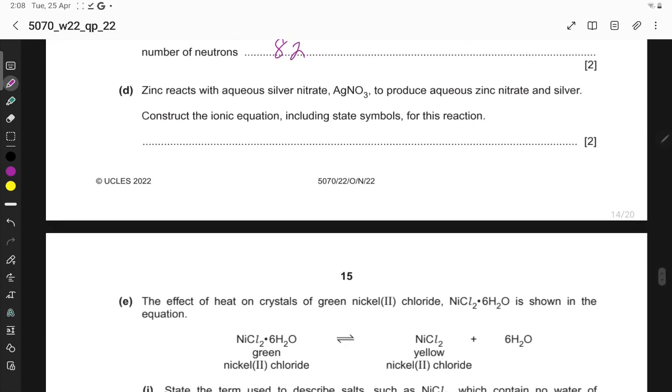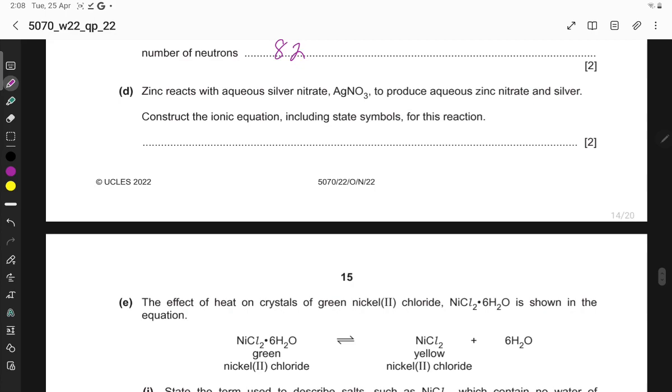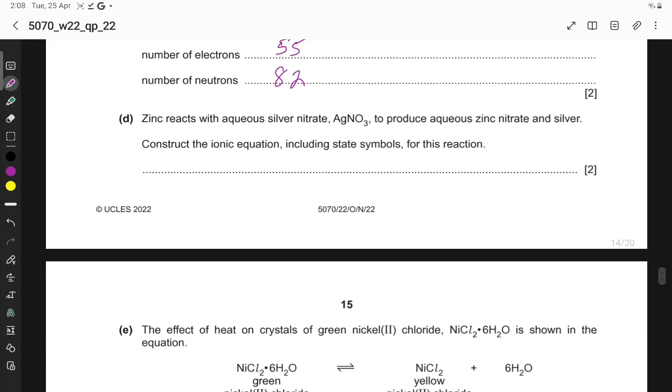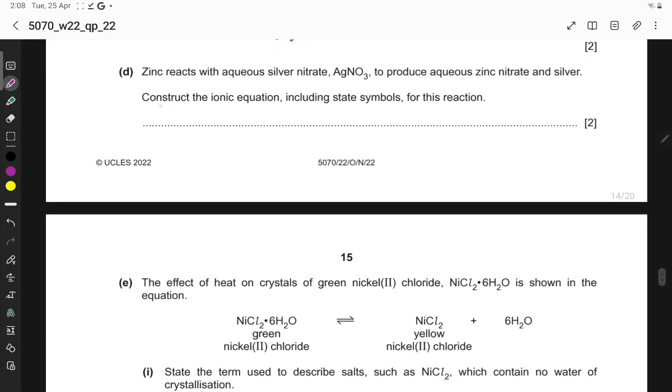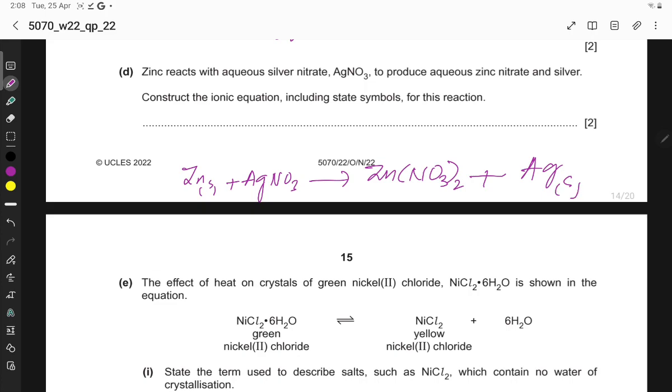Zinc reacts with aqueous silver nitrate to produce aqueous zinc nitrate and silver. Construct the ionic equation for this reaction. So this is the actual equation: zinc plus silver nitrate aqueous forms zinc nitrate aqueous plus Ag solid. Now balance the reaction: Zn(NO3)2 has NO3 twice, so 2 over here, 2 over here.